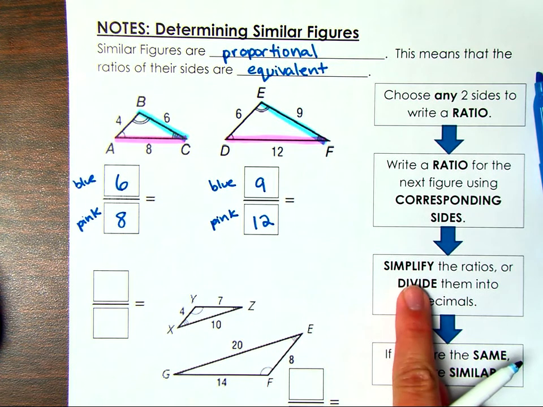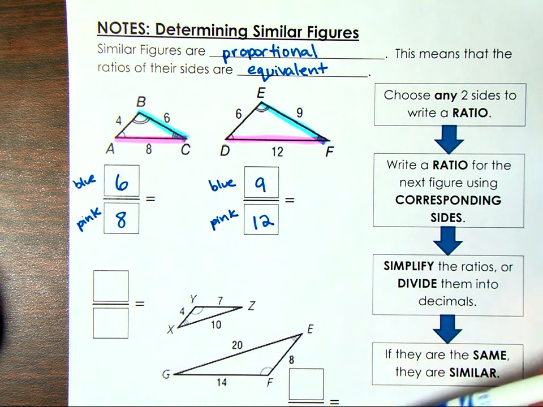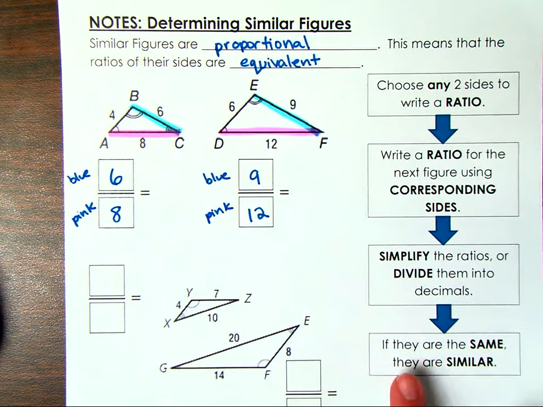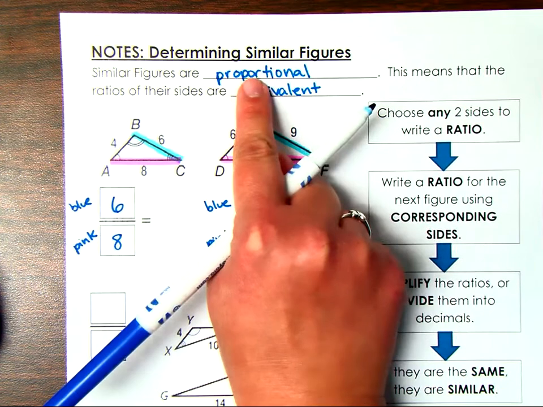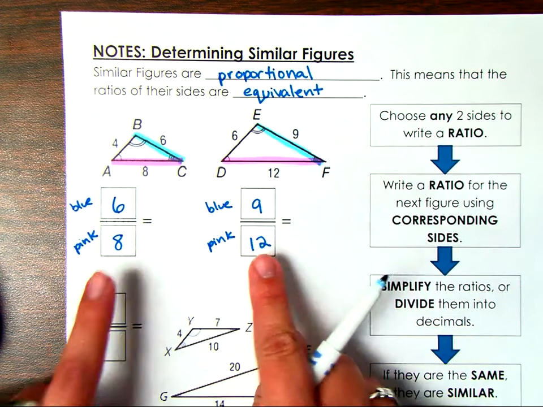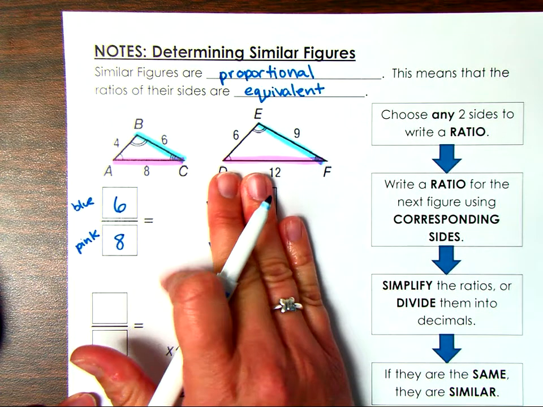We're going to simplify or reduce the ratios, or we could divide them into decimals. We just want to review how we can simplify. I'm going to keep these as fractions. And here's the deal: if they reduce to the same, that means they are similar triangles, because remember, proportional just means two equivalent ratios. So we need to see if these ratios are equivalent. 6 to 8, I'm going to look at that first.